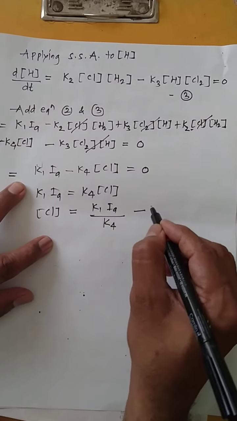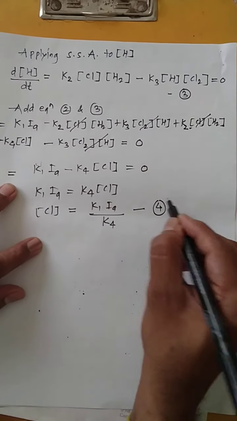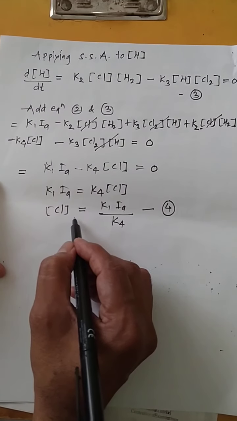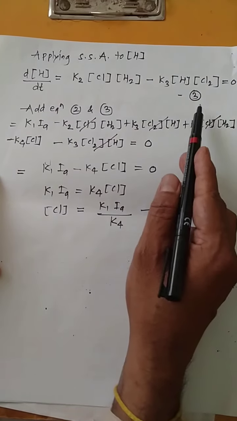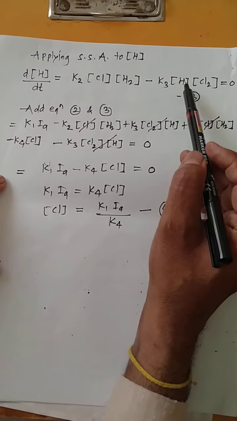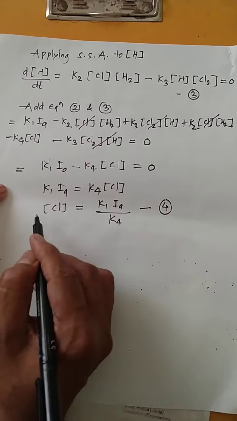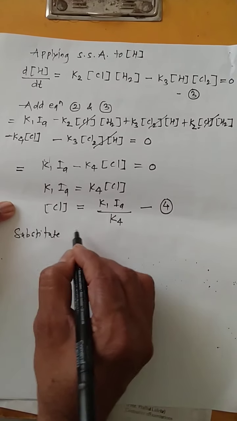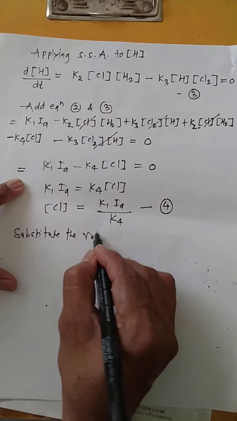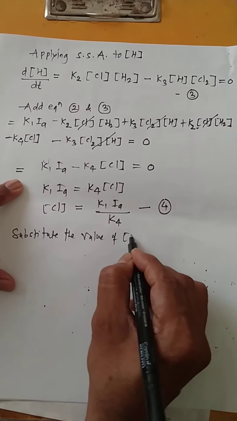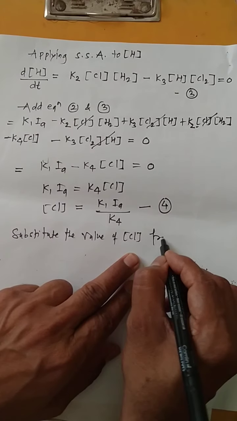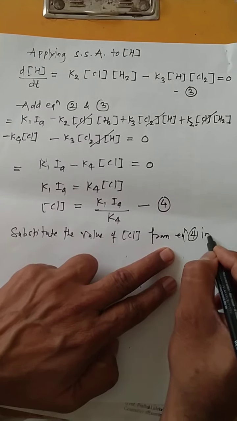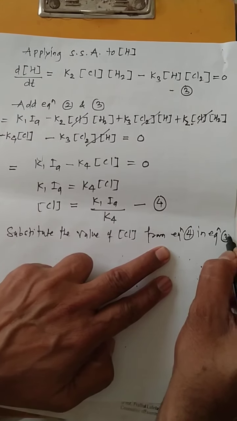This is equation number 4, and we put the value of this concentration of Cl in equation 3 to evaluate the concentration of H. Now substitute the value of concentration of Cl from equation 4 in equation 3.